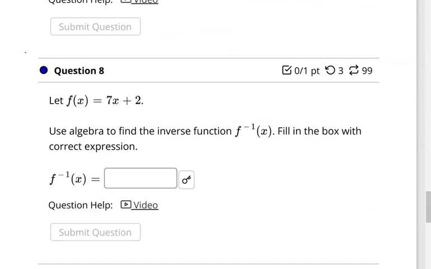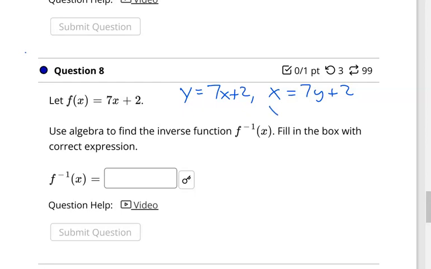Now the inverse. Remember, the approach to the inverse is we first state this as a y and an x. That's the same as y equals 7x plus 2. Swap the x and the y. X equals 7y plus 2. Now solve for y. Subtract 2 from both sides.